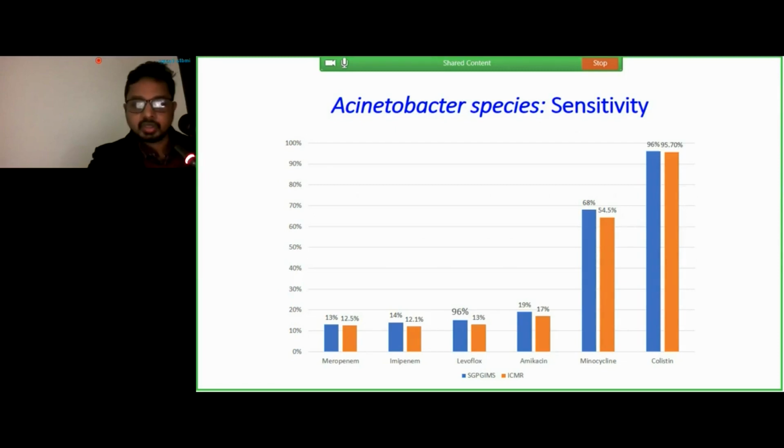So the major antibiotics like fluoroquinolones, aminoglycosides and carbapenems, the isolates are resistant. But it is very much sensitive to colistin, 96% of our isolates. Minocycline, especially on an OPD basis as an oral drug, can be given for Acinetobacter. 70% of the isolates are sensitive to minocycline.